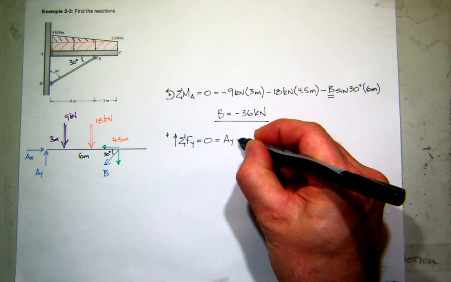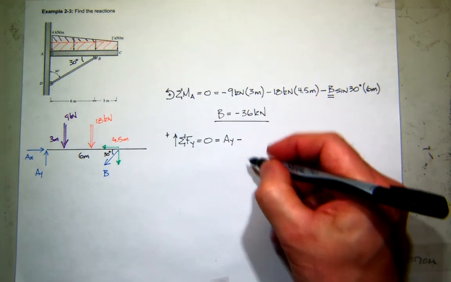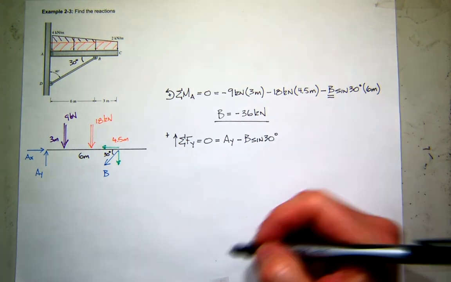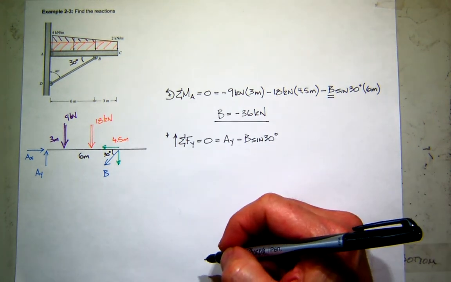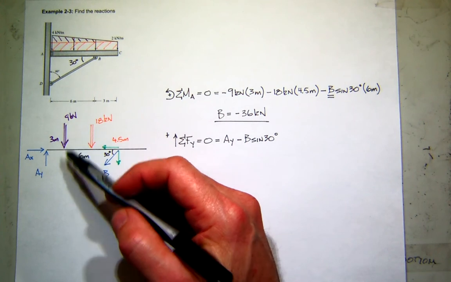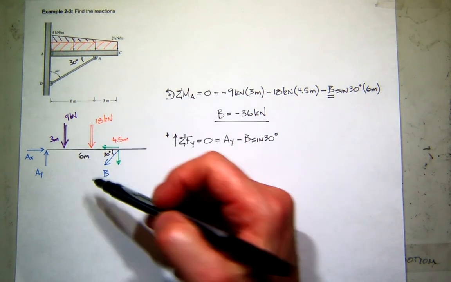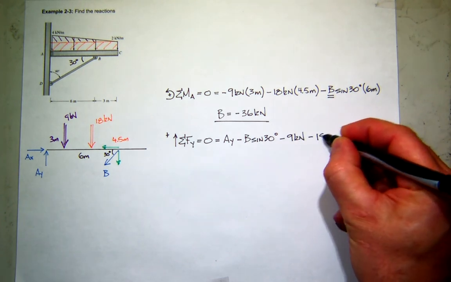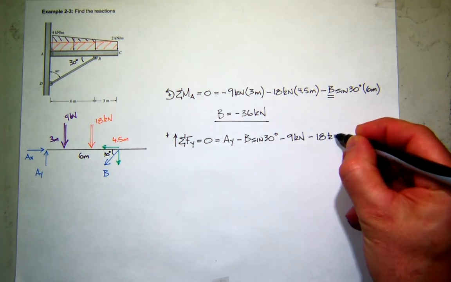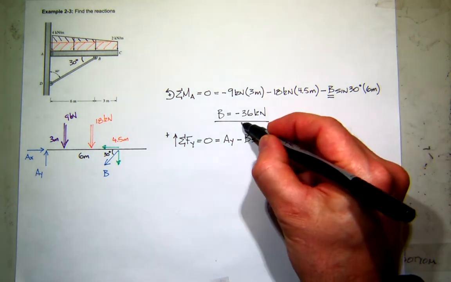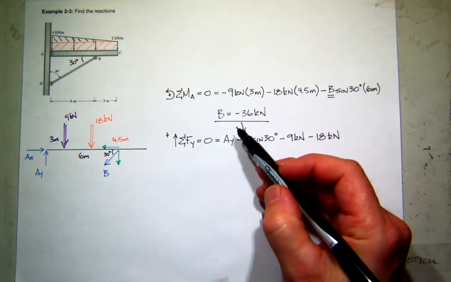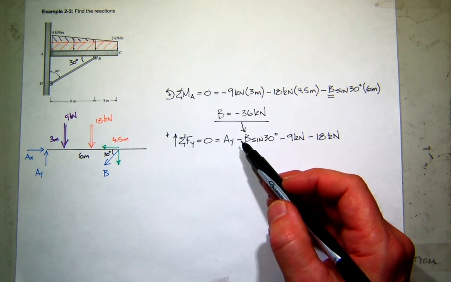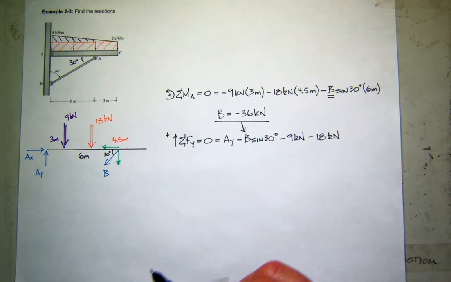And BY is B sine 30. What else is in the Y direction? 9 kilonewtons is down, 18 kilonewtons is down. That's one equation with two unknowns, but I know B, so I can put it right in there. My negative 36 for B plugs in here and changes this to positive, so you don't have to worry about it. It'll take care of itself.